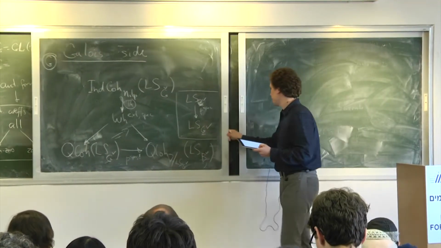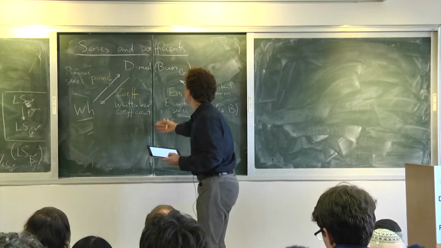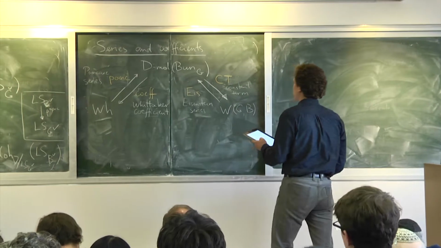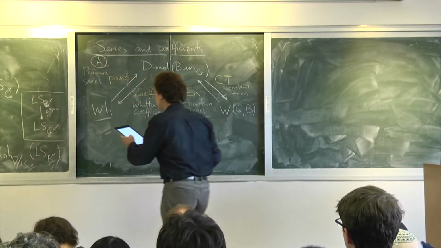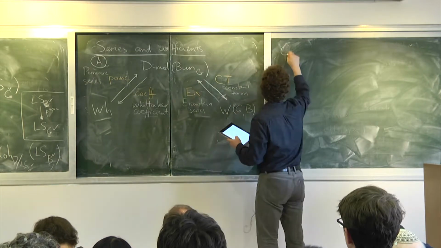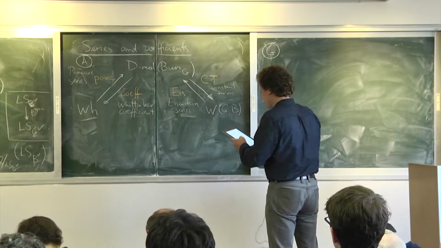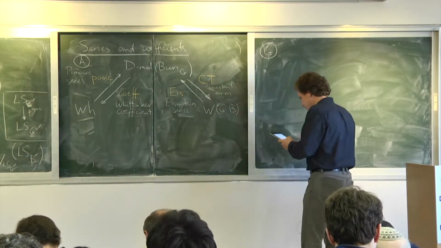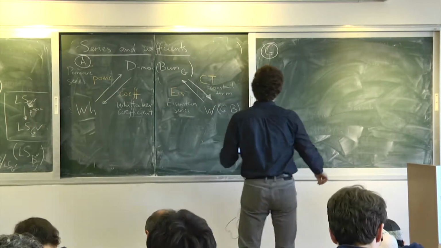But I think it also makes sense to look at the counterpart of the series and coefficients. So this is the series and coefficients on the A side, on the automorphic side. There's also the series and coefficients on the Galois side, where what are the relevant categories now?